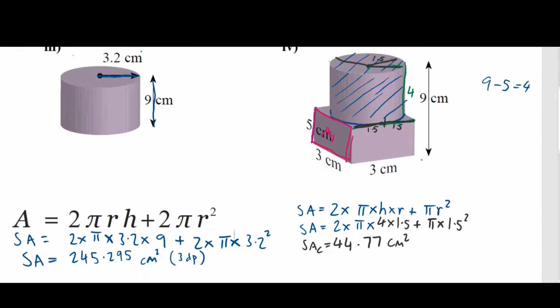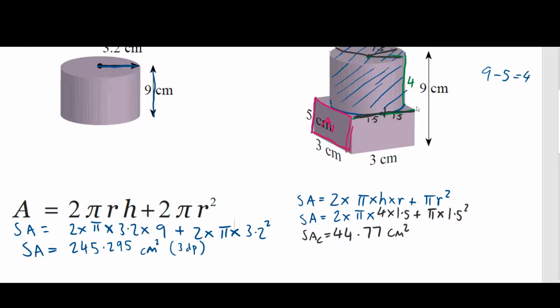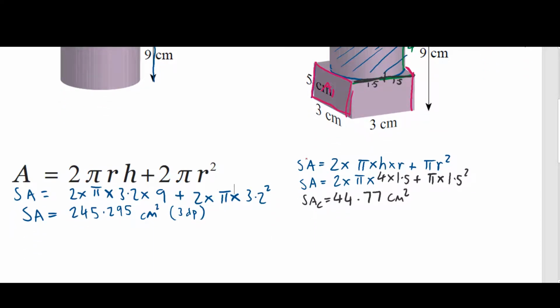On the other side here, on the back of it, we can't see it, but on the back there, there's another bit. So it's going to be 5 times 3, because the area is length times width. So it's 5 times 3 times 2.